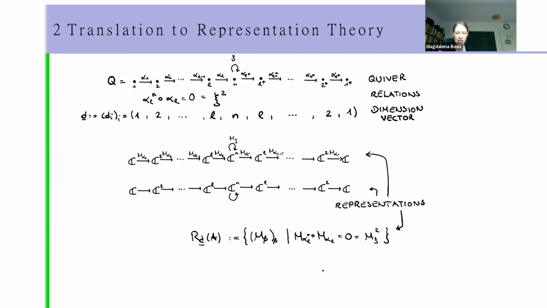Now we have to understand morphisms between representations, and so we grab a second representation. If we want to understand the morphisms, we just see in the picture already what has to happen. We have a tuple of the vector spaces at the vertices. So here, here, to here.